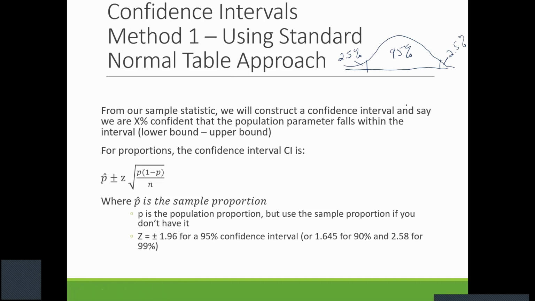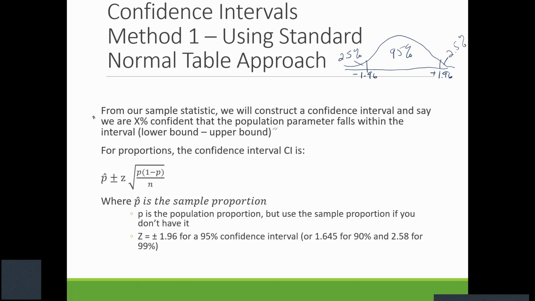And our magic numbers in Z terms for that is minus 1.96 and plus 1.96. Okay, so for our sample statistic, we will construct a confidence interval. And what we say is that we are, in this case, 95% confident that the population parameter, that is the population proportion, falls within the interval that we define.